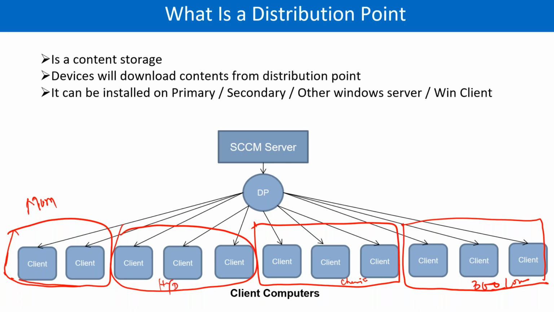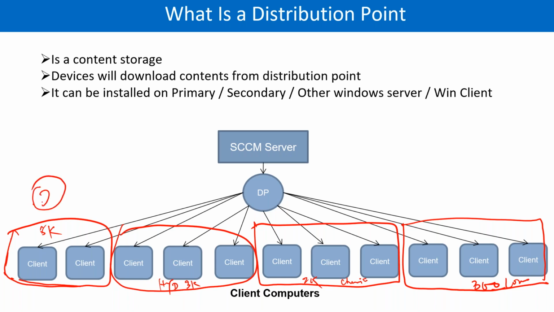Either 200 machines or 2000 machines. Here you have 300, here you have 3000 machines, and here Mumbai has 5000 machines, for example. Now, in every location, what we do, we keep a distribution point, okay?